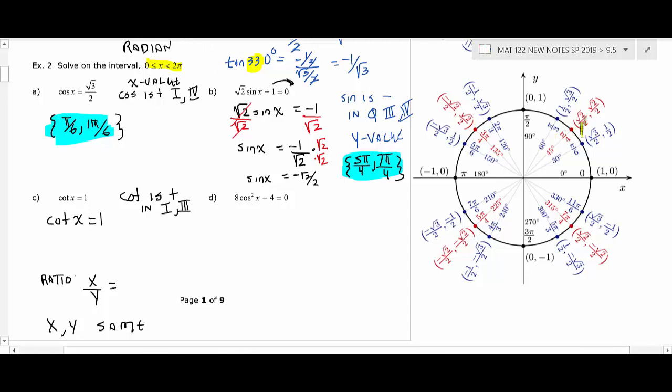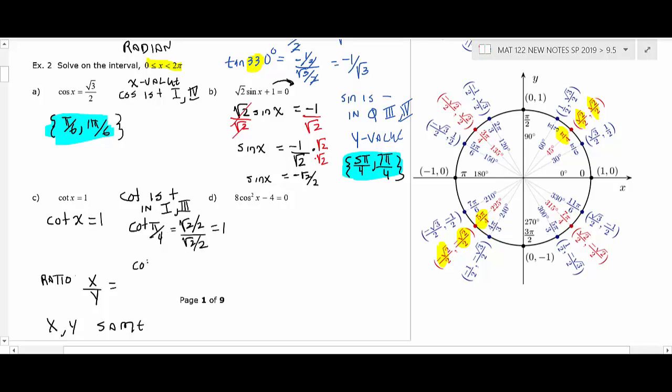So if you notice, this would be kind of the key right here. X and y are the same. That happens at pi over 4. The other place happens at 5 pi over 4. Okay, so the idea with that would be the cotangent, and you don't have to write this down necessarily, but the cotangent of pi over 4 would just be root 2 over 2 over itself. So that would be 1.